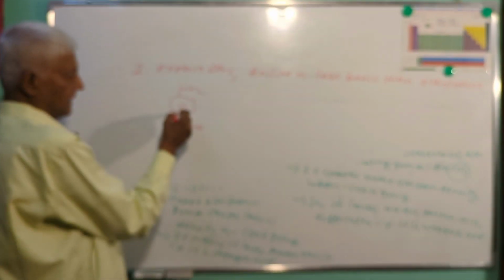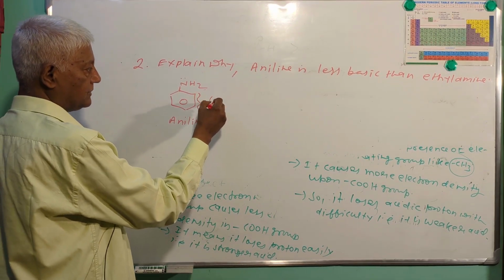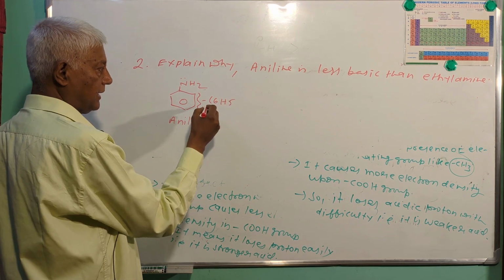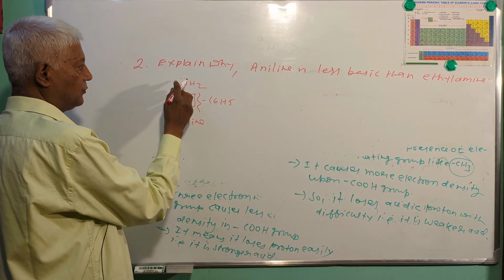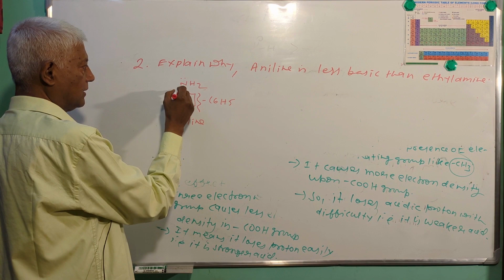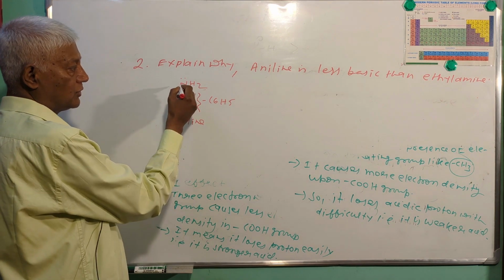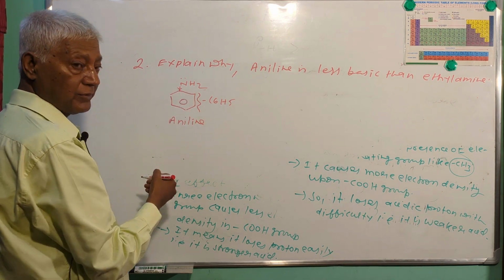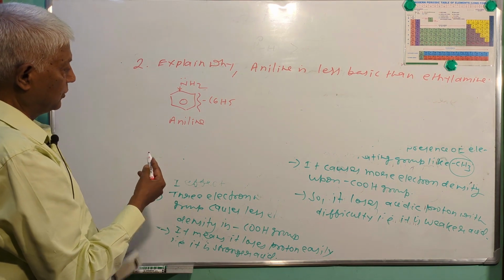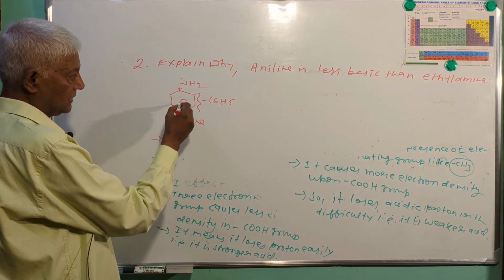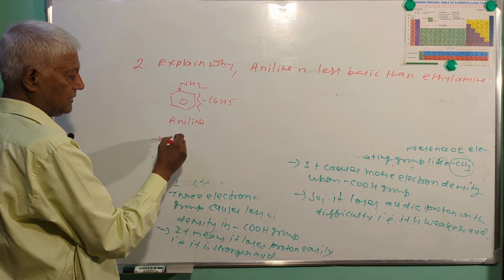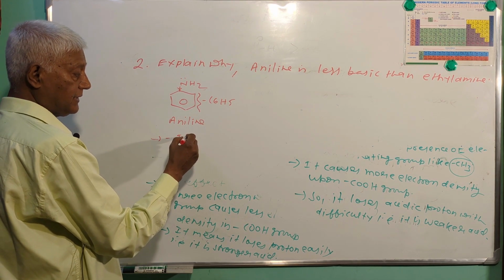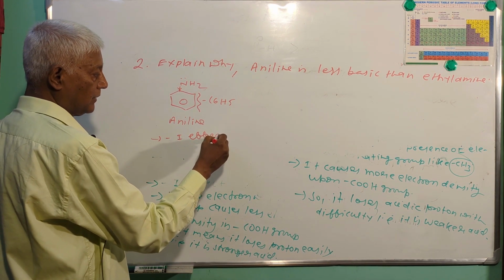So that is the phenyl group, which withdraws electrons toward itself. So what happens in aniline? Due to the presence of C6H5, which is known as the aryl or phenyl group, this is an example of the negative inductive effect.